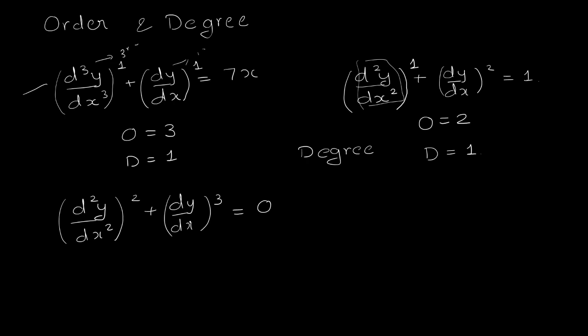Here the highest order derivative is d square y by dx square, so order is 2. And that highest order derivative has been raised to the power 2. That's why degree is 2. So this was about the order and the degree.